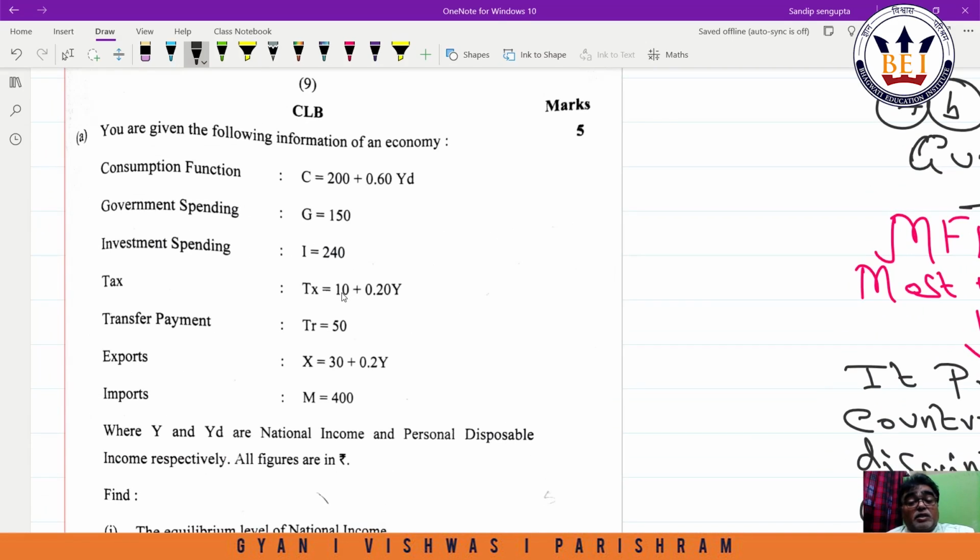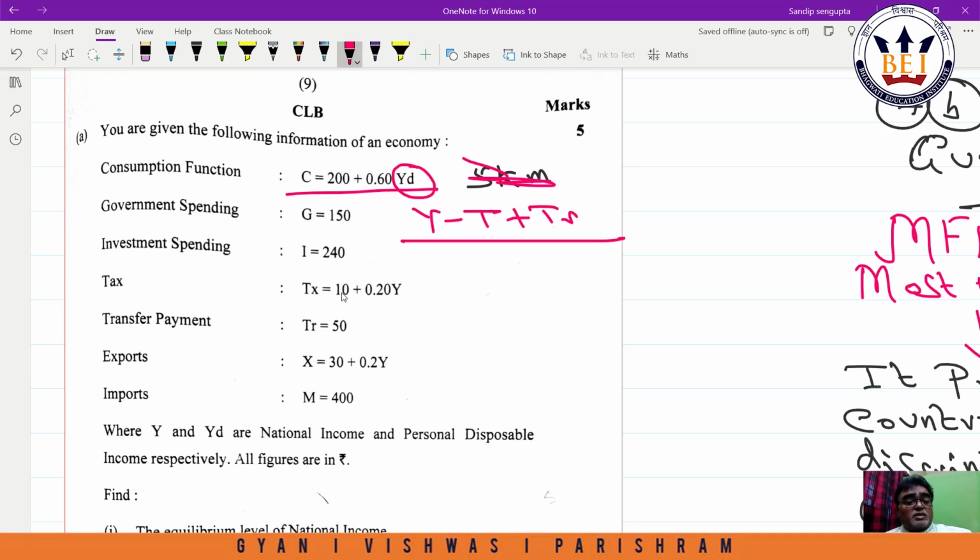Another lovely sum they have given from SKM. This chapter is called SKM. Let me explain, then I'll come to the answer. C is equal to 200 plus 0.60 YD. The main part is YD. YD means income minus tax plus transfer income. People will be confused about transfer income, but you should not be confused.